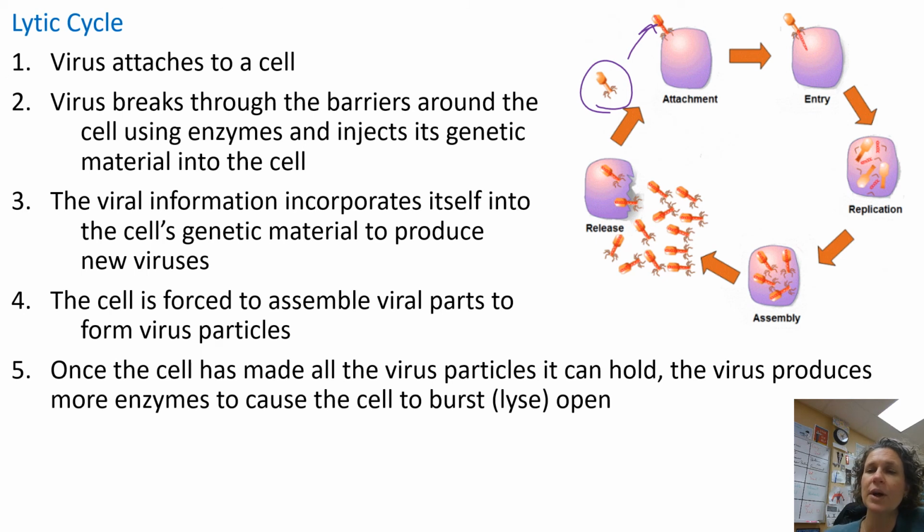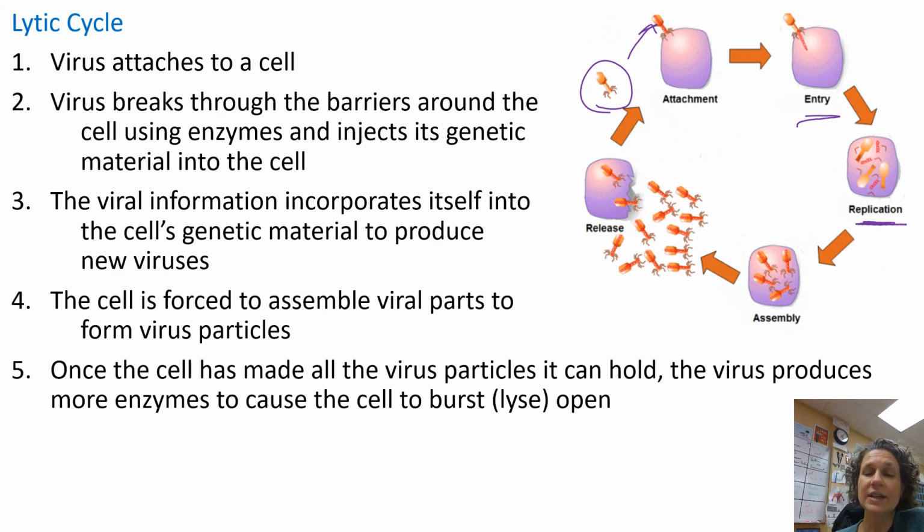And so that's where this one's labeled entry. Then the viral information, the genetic information that it contains, incorporates itself into the cell's genetic material and basically takes over so that more viruses are produced. So during this little replication phase over here, it's making parts.